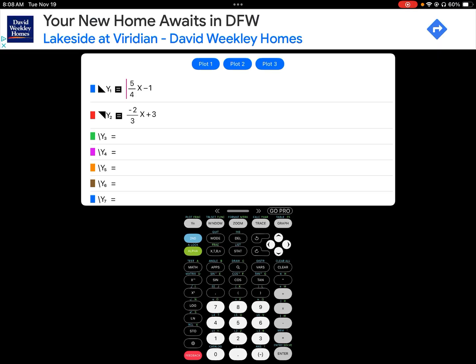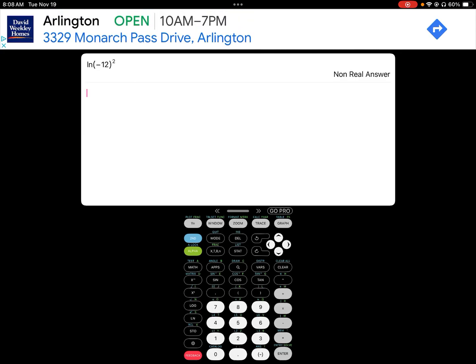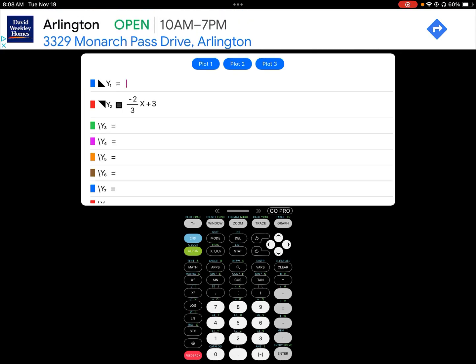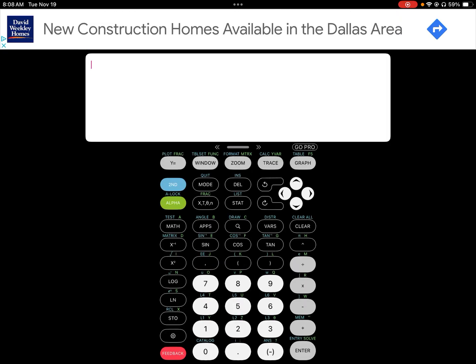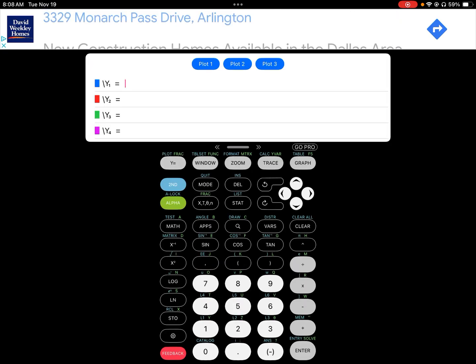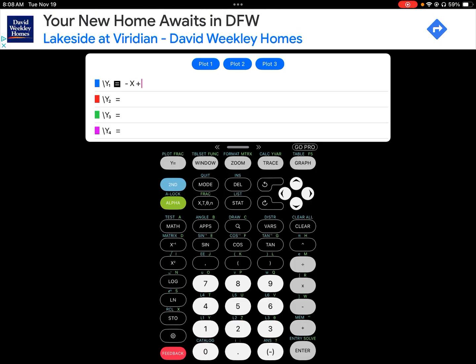So go to y equals. Let's clear everything out. I'm just going to clear, second plus 7, 1, 2. All right, now go to y equals. So we have -x plus 4. And then the other one is x minus 2.